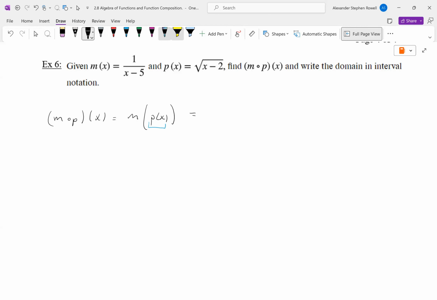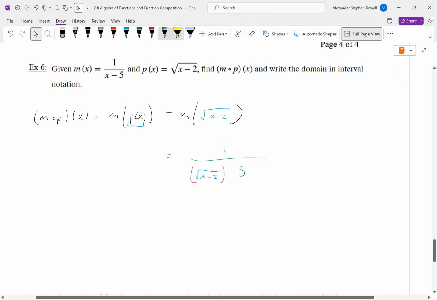So in this case, we would get m of square root of x minus 2. And function m is equal to 1 over whatever's plugged in minus 5. Well, the thing that's plugged in is square root of x minus 2.